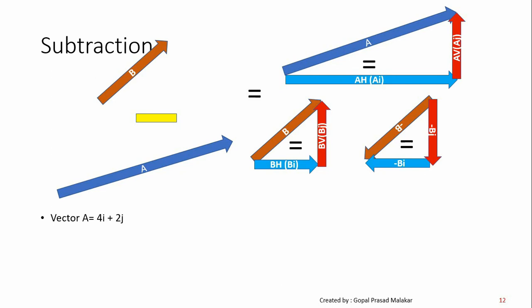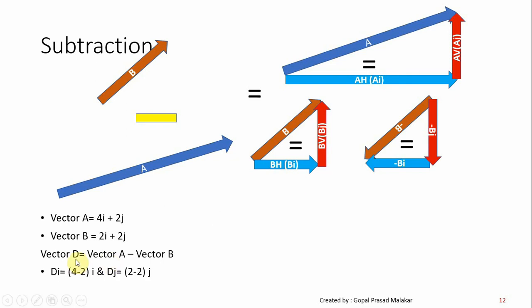So here A is 4i plus 2j, B is 2i plus 2j, vector D is equal to vector A minus B that you need to do. So essentially here it will be 4 minus 2, 2i, and 2 minus 2, 2j. So essentially it is telling you that it will result into a vector which will just have the I component or the horizontal component and no vertical component.